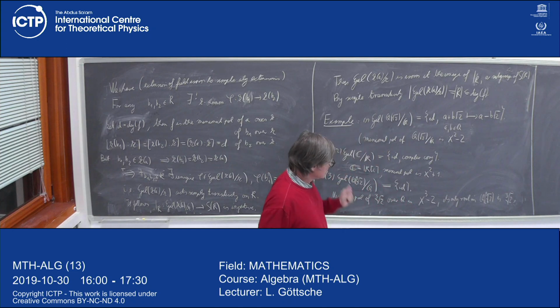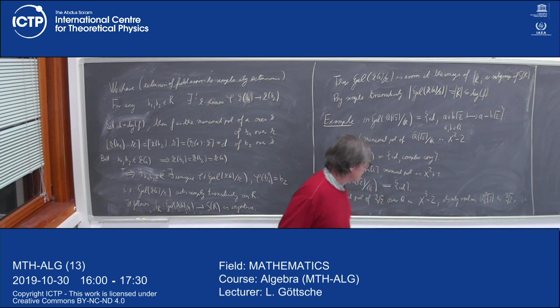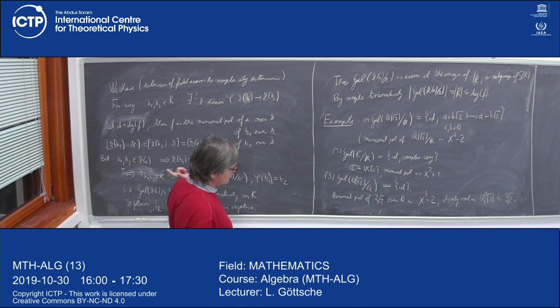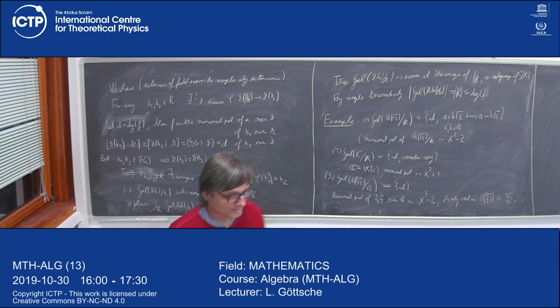And you can see this has only one zero in Q(∛2), namely ∛2, because all the elements in Q(∛2) are real numbers, and the other two zeros of this polynomial are genuinely complex. So we have only one root. Now our theorem said that the Galois group acts simply transitively on the roots of this polynomial. But as we have only one root, the only group which can act simply transitively on one root is the group consisting of the identity.